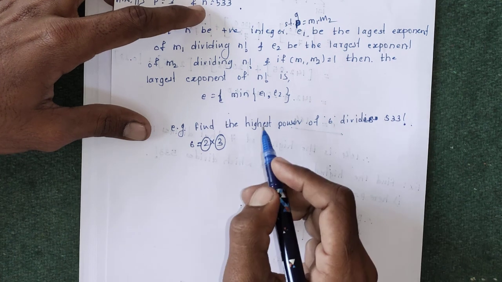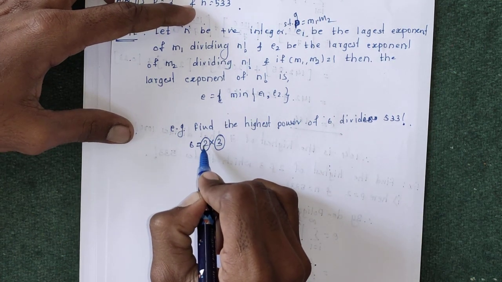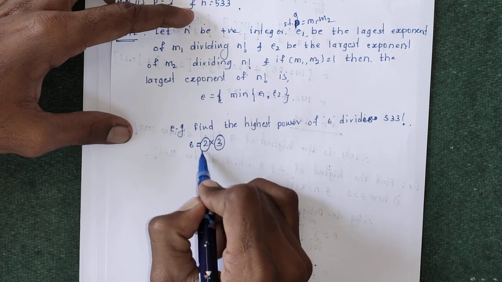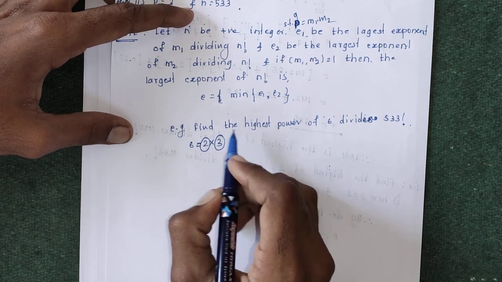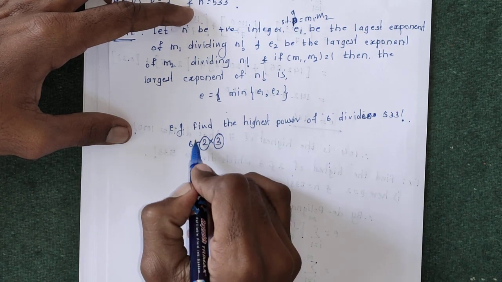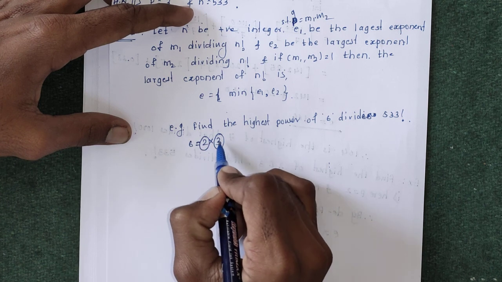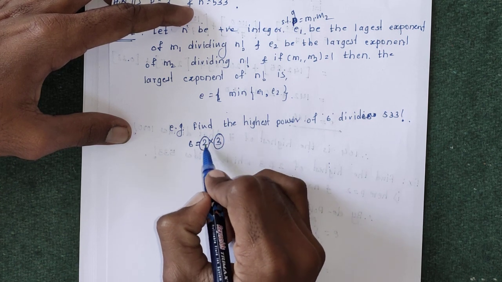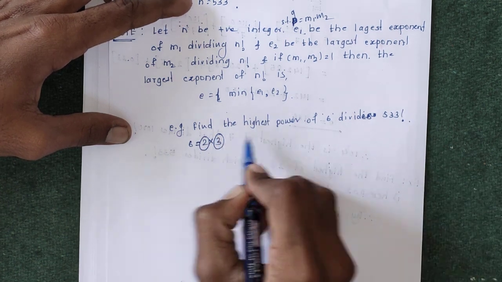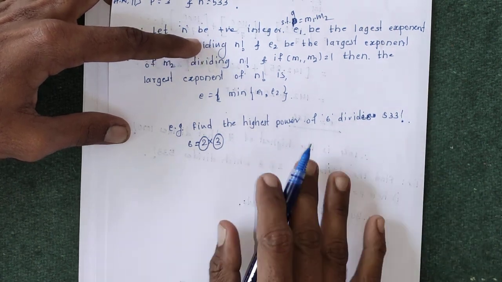De Polignac's formula is useful for prime numbers, that is, the highest power of a prime which divides some n factorial. So here 2 is prime, 3 is prime, and their GCD is 1. So you have to write 6 equals 2 into 3 and find the highest power of these two numbers separately, that is the highest power of 2 dividing this number and the highest power of 3 dividing this number, and the minimum of those highest powers is your final answer.